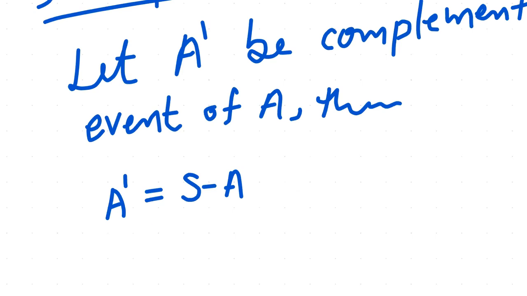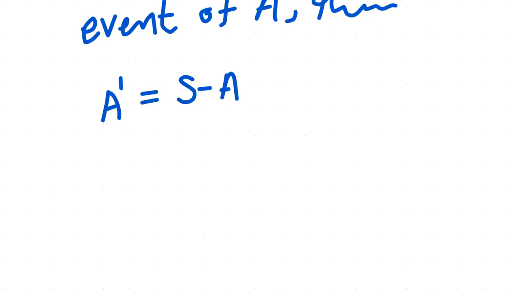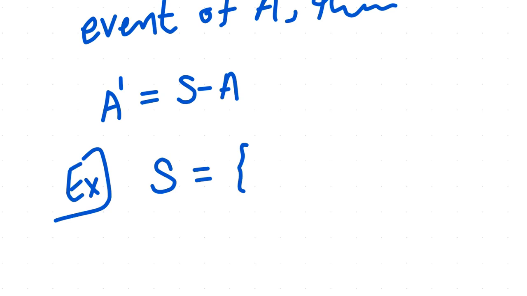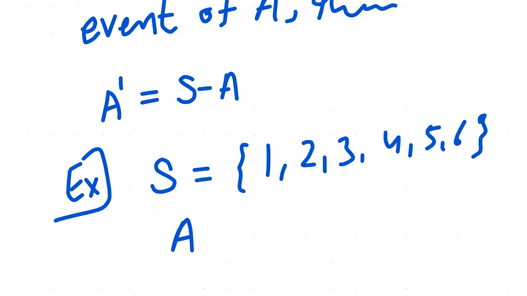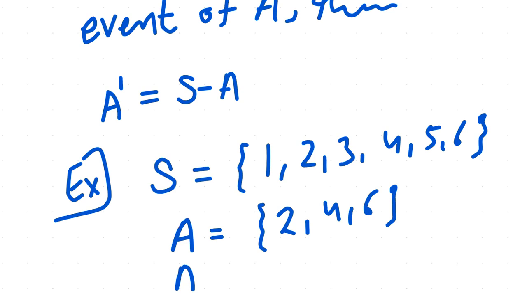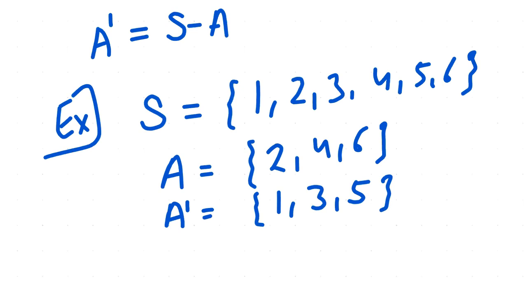For example, if we throw a die, the sample space has 6 outcomes. If A has even numbers, then A dash will have 1, 3, and 5. Then the complementary event will have odd values. You got this? Yes, ma'am.